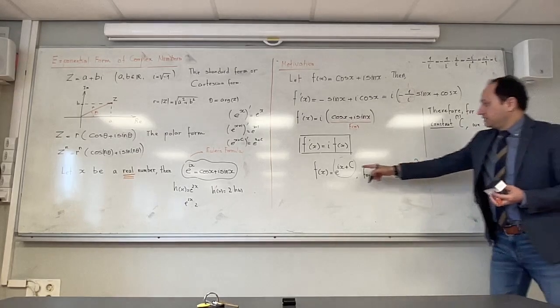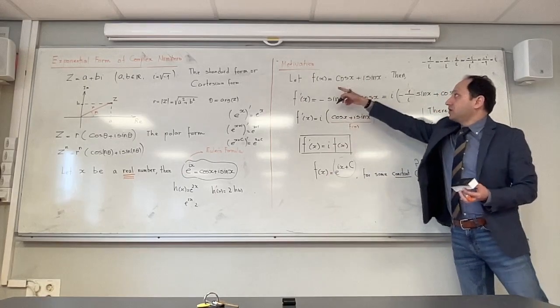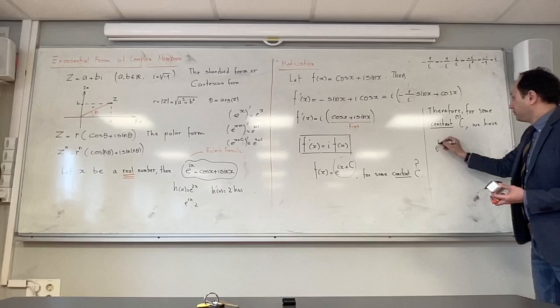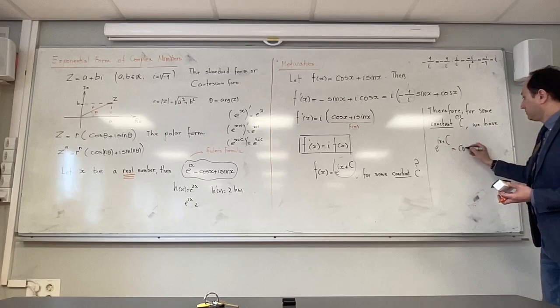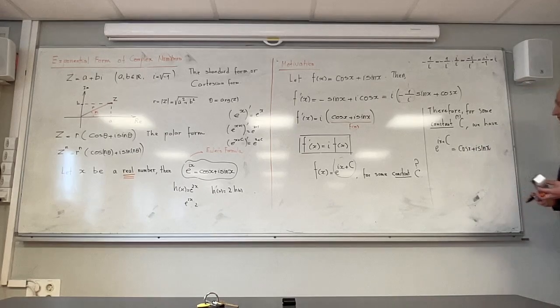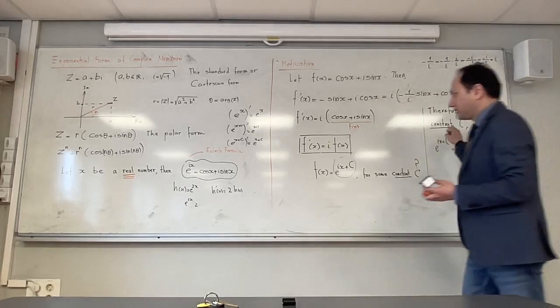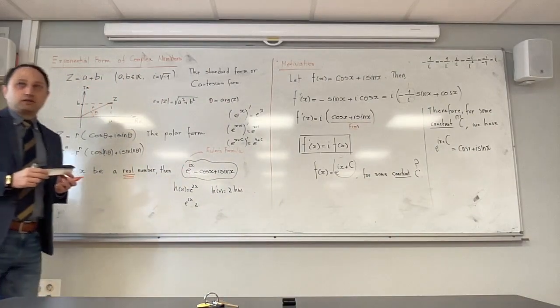We have this expression, which is f of x, equal to this expression, which is also equal to f of x. So I have proven so far that I have this. But that's not exactly what I want to prove. I want to somehow get rid of that c. But how can I get rid of that c?